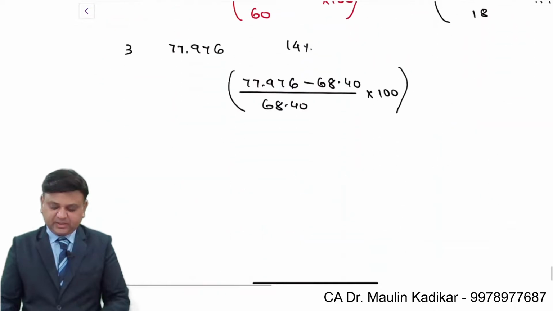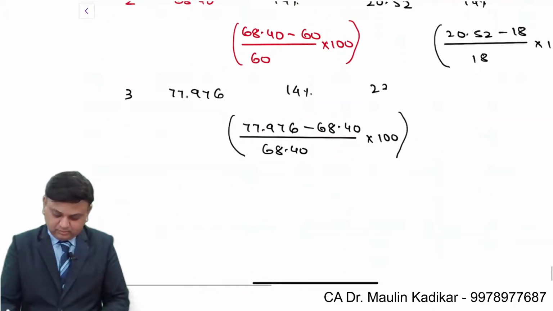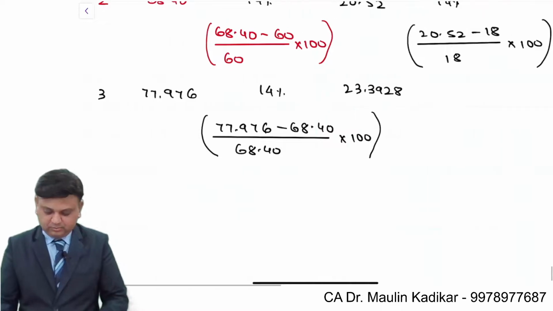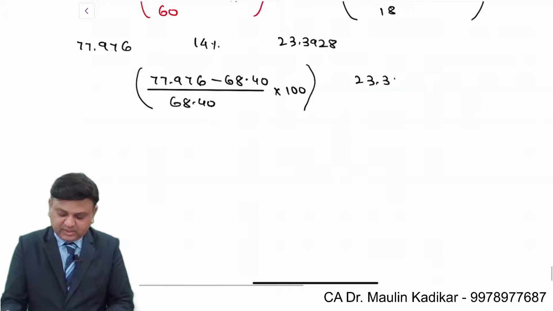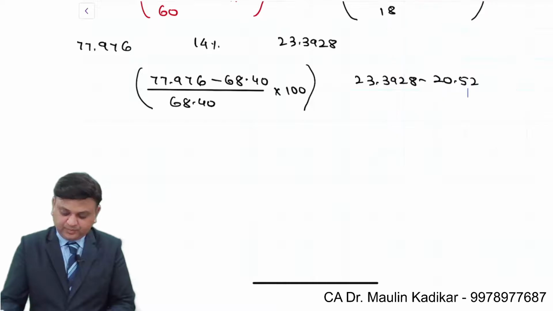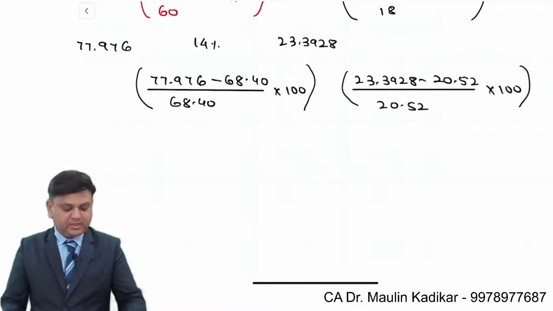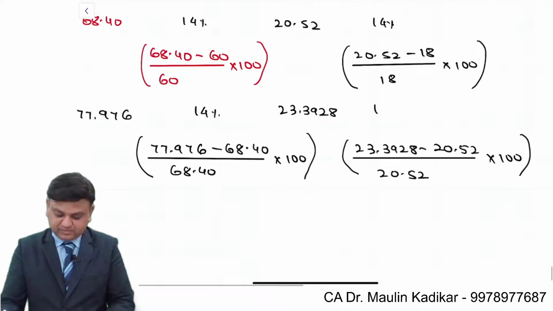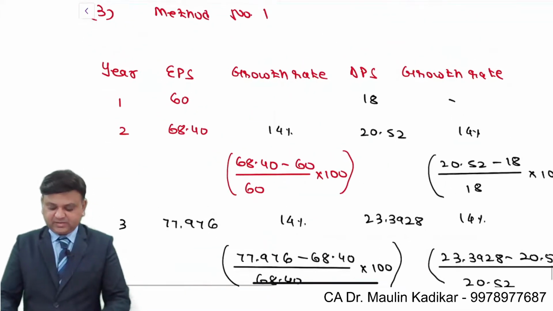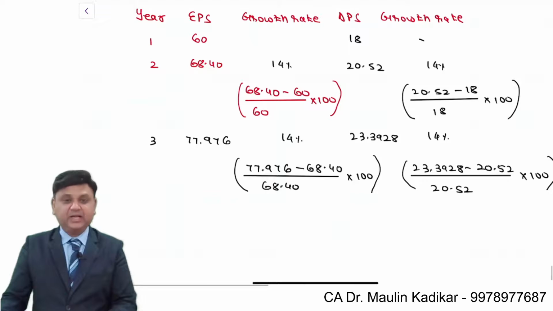Dividend is 23.3928. So growth rate would be 23.3928 minus 20.52 whole divided by 20.52 into 100. So 23.3928 minus 20.52 upon 20.52, that comes to again 14%. This is the way we are required to make the computation of the growth rate like this.